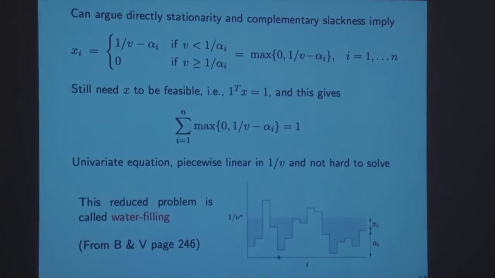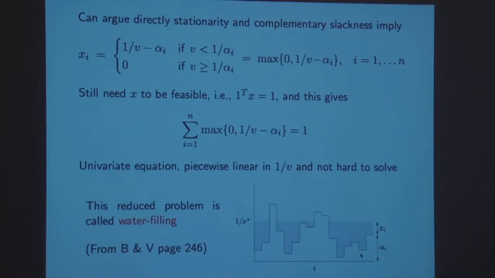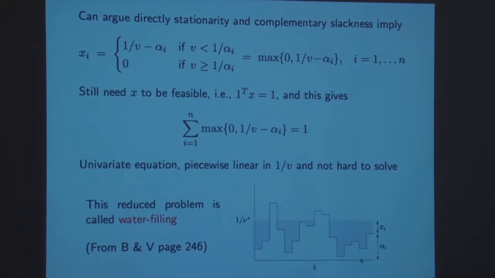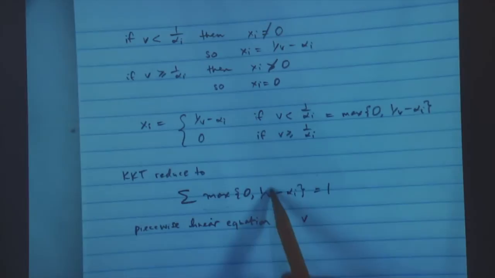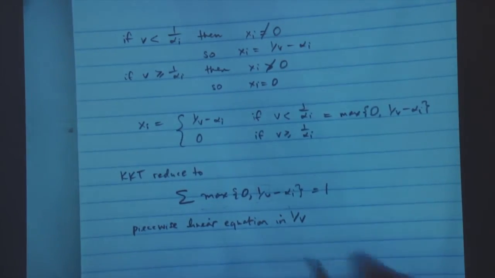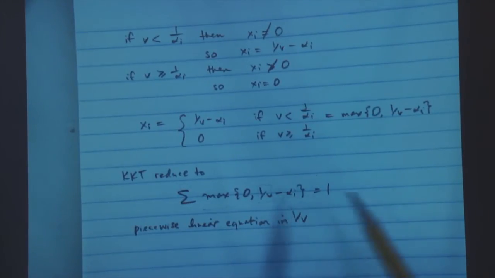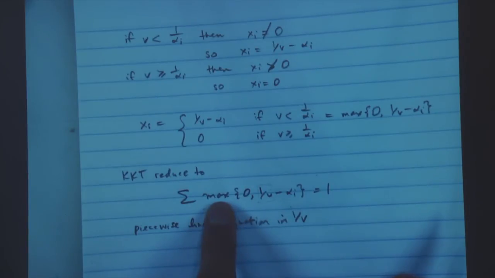So we lay down n units, and we kind of dump water in, and the level of water at each unit can't go below the ground, so it's at least 0, or it's the water level, which we keep track of as 1 over v, above the floor, the height of that unit, which is alpha i. Okay, and we essentially increase the level of the water, 1 over v, until the total content of water is 1. That's why it's called water filling.